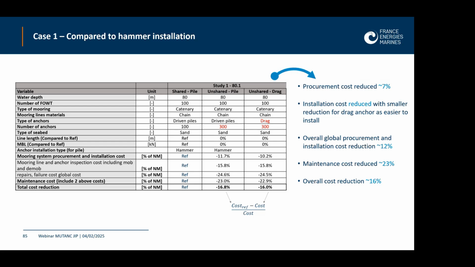There is a small variation between pile and drag embedded anchor, as it is 12% for pile anchor and 10% for drag anchor. The maintenance cost is reduced by 23% for both cases. There is really no variation between pile and drag anchor. And the overall cost is reduced by 16.68% for driven pile and 16% for drag anchor. So we can see a high cost reduction between shared anchor and unshared anchor.